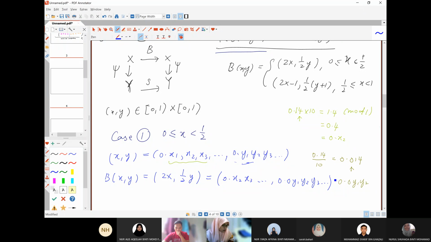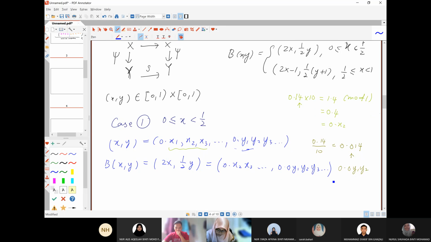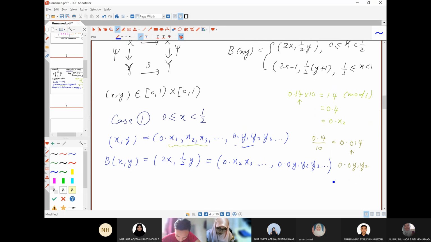Okay, so now for the image of Bxy kita dah dapat. Now what do you want to do? So now you want to find the psi. Okay, the psi of, inilah, saya tulis kat sini lah. Okay, psi of B of xy.